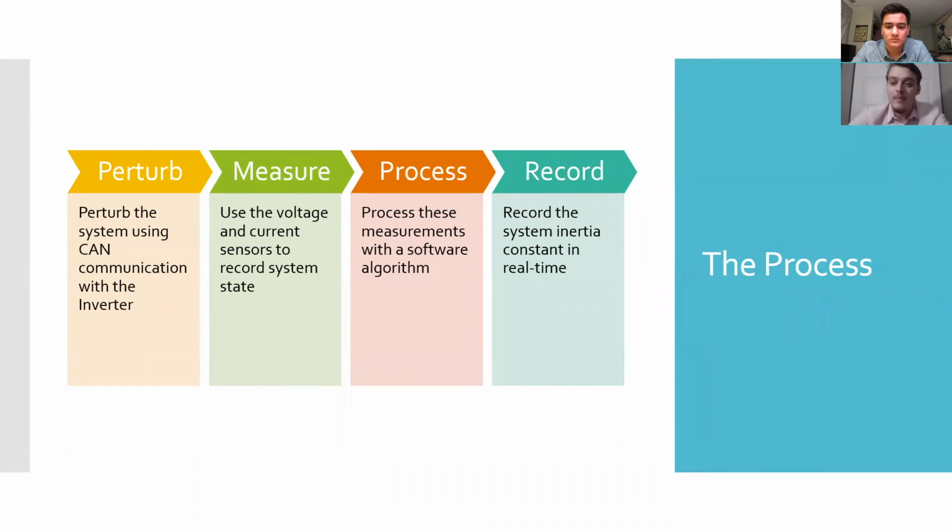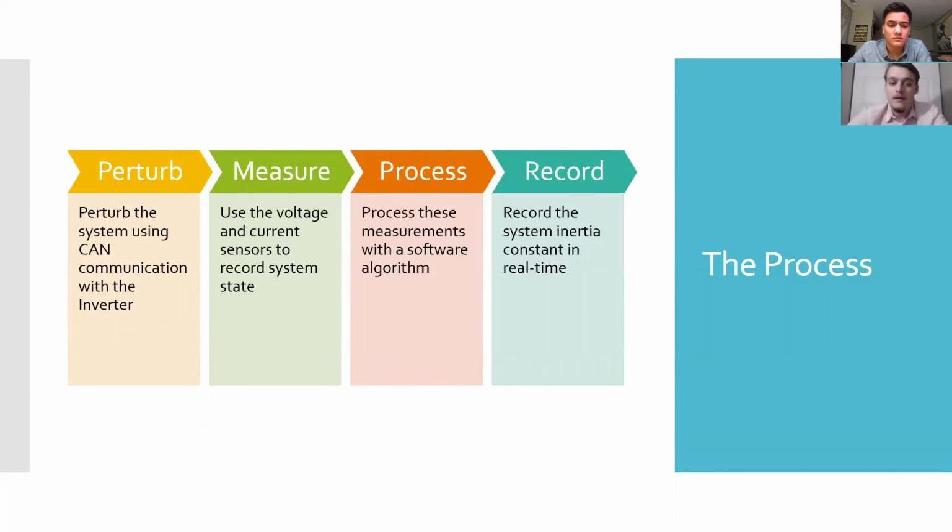So I kind of sum that up on a page here. Step one is to perturb the system using CAN communication between the Opal RT and the inverter battery combination. From this, we will be able to measure the voltage and current readings of the system, almost like an impulse response. When we send that disruption signal, we'll get a response voltage and current we can measure.